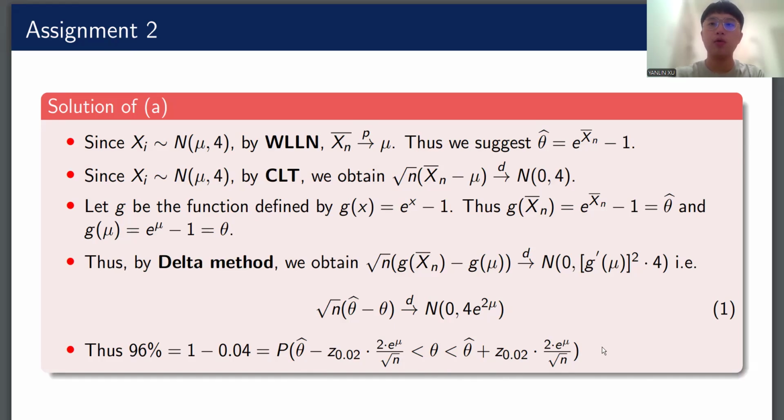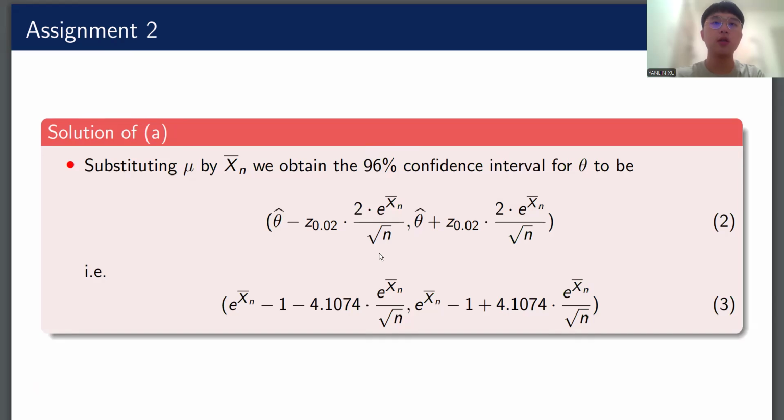But we can solve it because we know that the sample mean converges in probability to the unknown parameter, and we can substitute it by the sample mean. So our result is this one. And don't forget to substitute the estimator by the estimator we suggest.